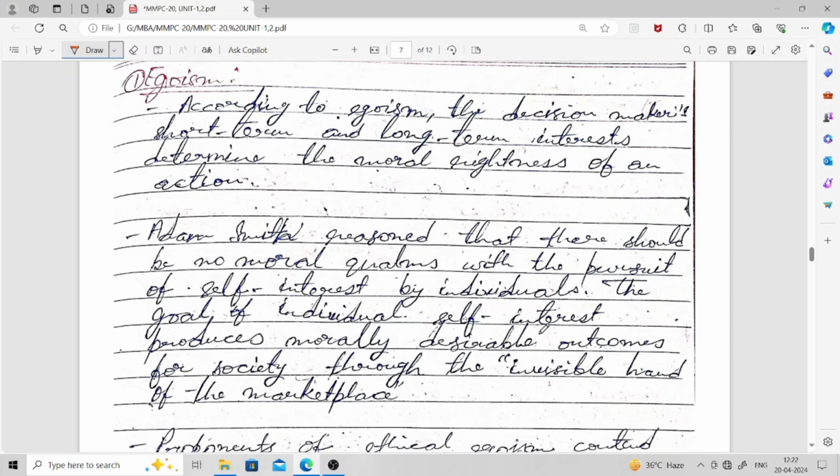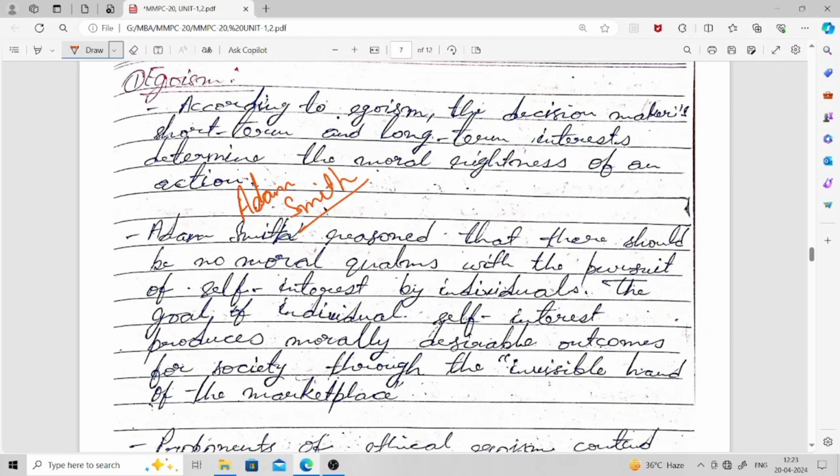Adam Smith, who is known as the father of modern economics. Let me write down here the name of that person: Adam Smith.